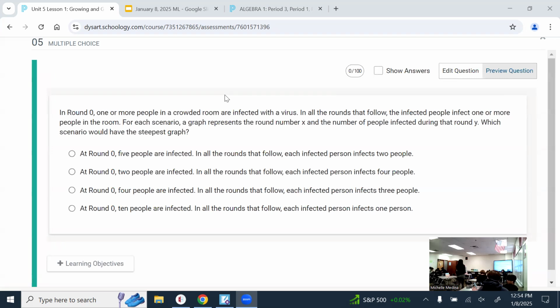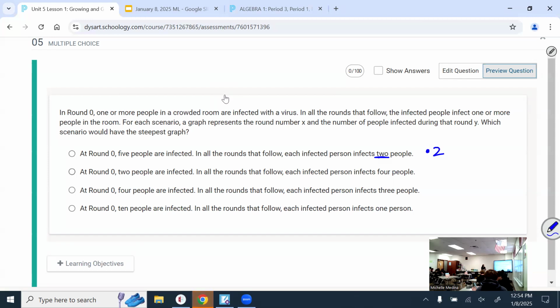So at round 0, in all the rounds that follow, infect 2 people. Think about it like the warm-up and the bacteria splitting into threes. If in my first option each person is infecting 2 people, that's like multiplying by 2 each time.